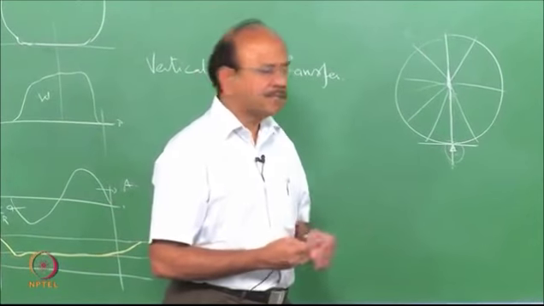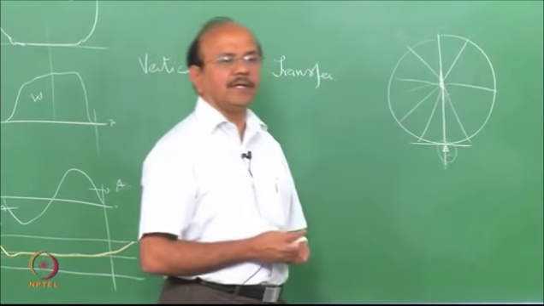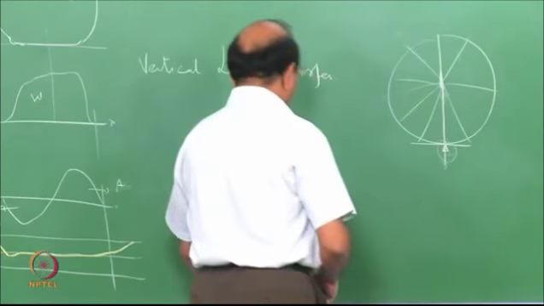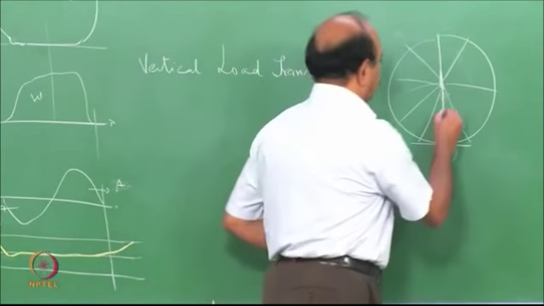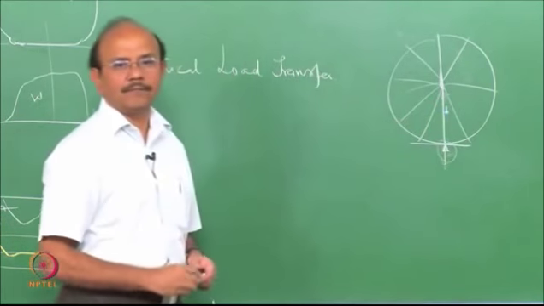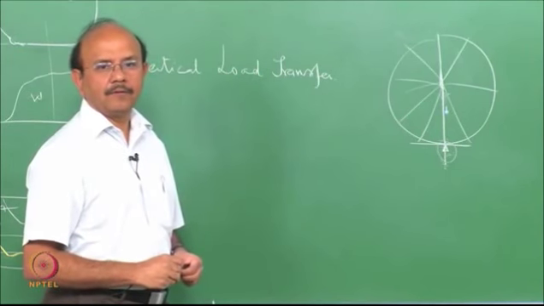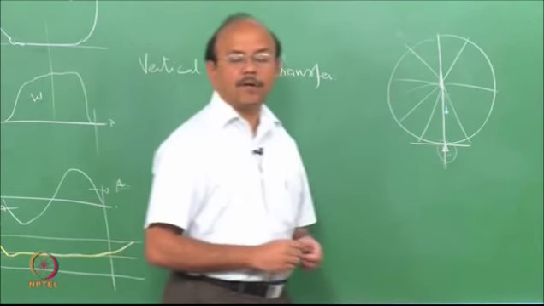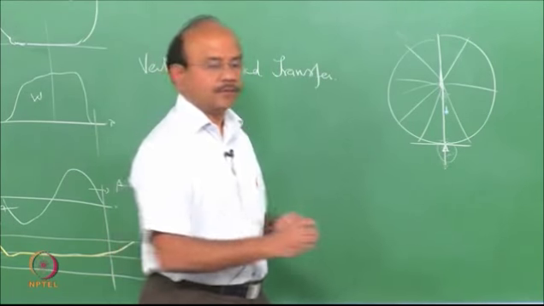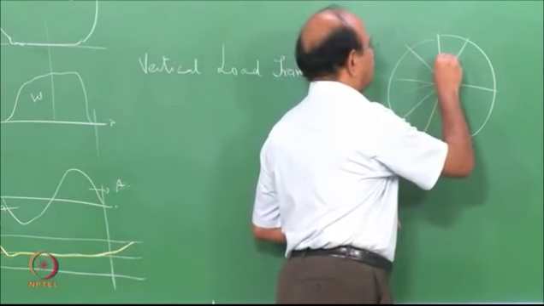So what really happens is that the tension here is reduced. Let's depict that with an arrow. But the spoke sitting there at the top, his tension is not reduced. So his tension is high.